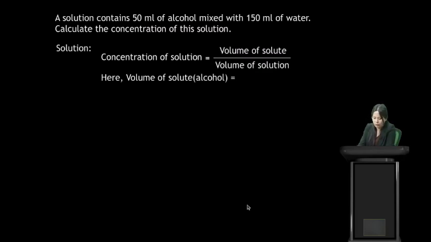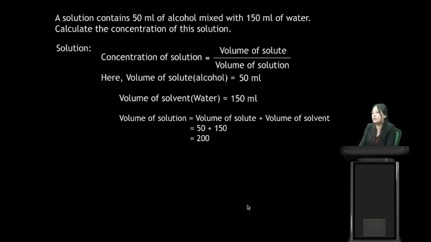Here the volume of solute is equal to 50 ml and the volume of solvent, water, is equal to 150 ml. So volume of solution is equal to volume of solute plus volume of solvent. When we add them we get 200. Then we can calculate the concentration of the solution.